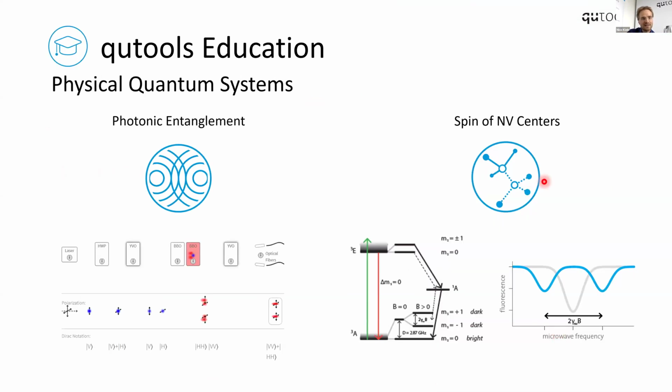So let me talk a little bit about the quantum systems that we employ in our devices. On the one side, we have the photonic systems, which can provide entanglement. Here, usually we employ a very high power pump laser that is focused onto a pair of BBO crystals, which constitutes an SPDC source, a spontaneous parametric down conversion, which is happening at the BBO crystal.